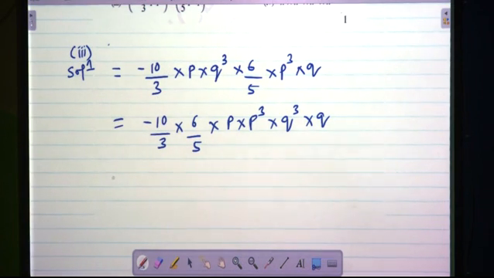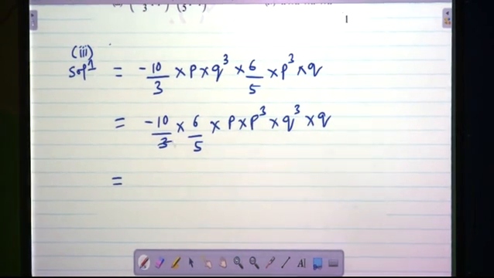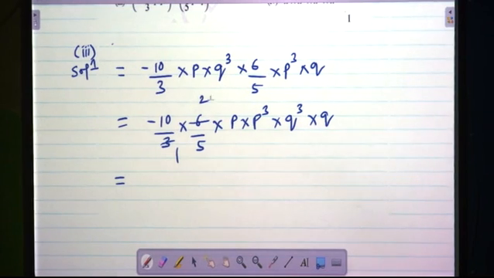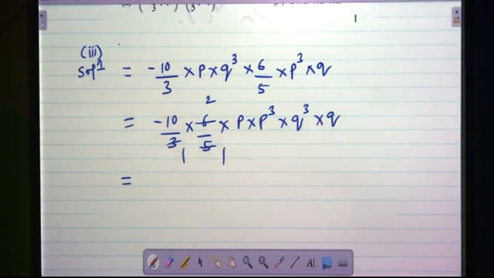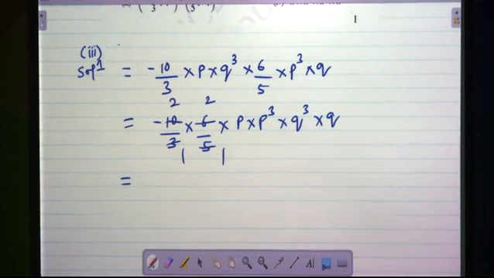It becomes 3 1s are 3, 3 2s are 6, 5 1s are 5, 5 2s are 10. You can see the denominators have become 1, but the numerators become 2 into 2. Do not forget the first fraction has sign minus. So minus 2 into 2 becomes minus 4.